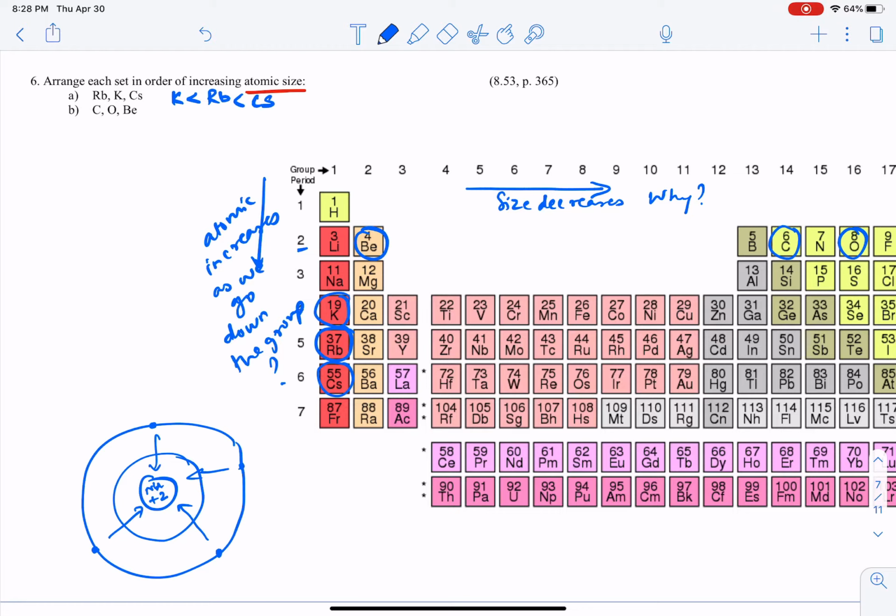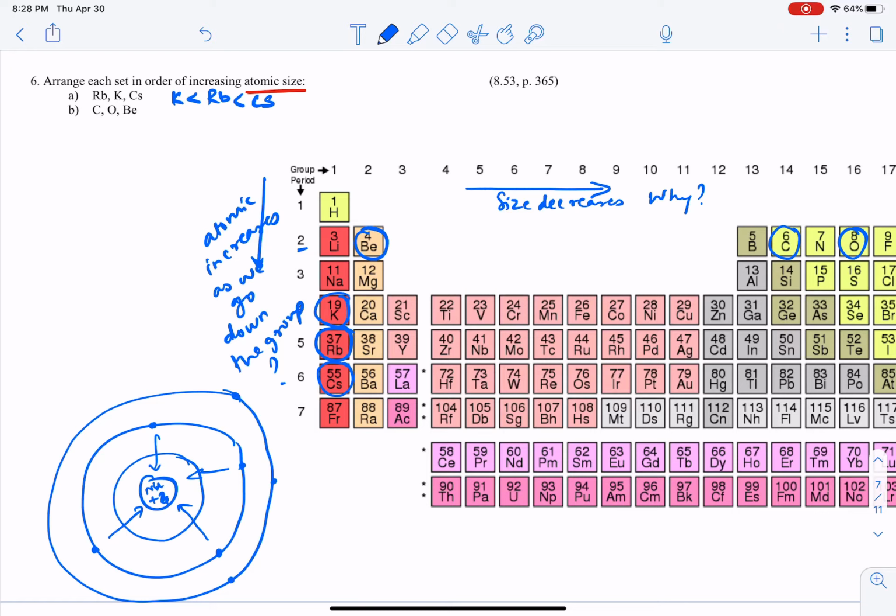Why is this happening? If you add one more orbit, the inner electrons create a cover-up for the outer ones. So even if the protons are increasing, like 3, 4 or 5, their effect will be mostly covered by the inner ones, and the effect decreases on the outer one.